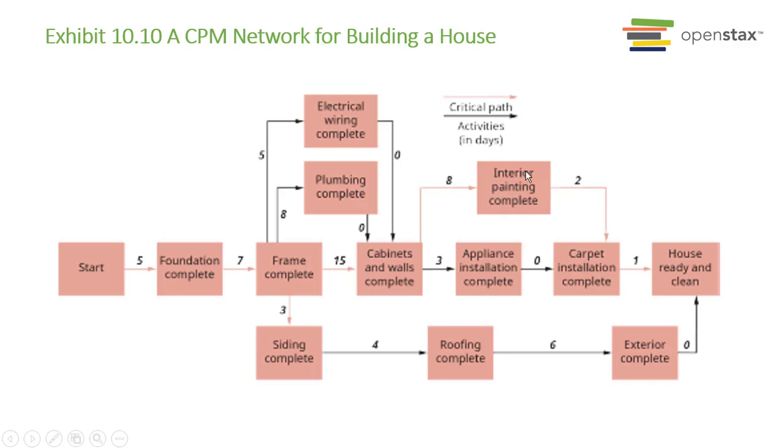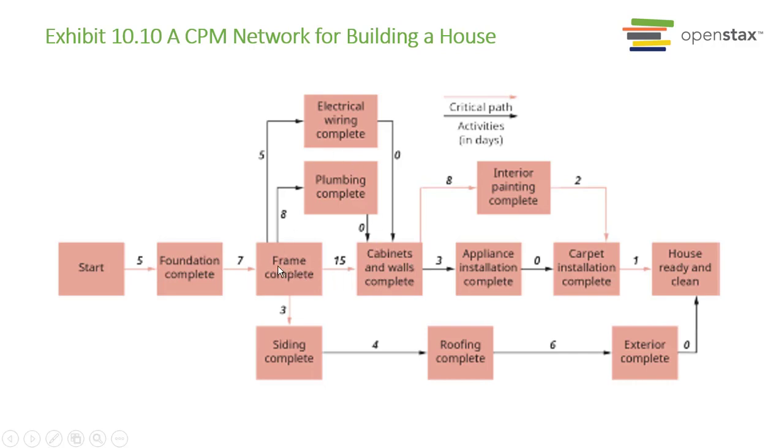CPM for building a house, there's one right there. So you got your critical path over here in pink and your activities in days. So it's kind of letting you know if you follow first the critical path and you go from start to house is ready and clean, and then your activities in days are the things that are going to be required for you to complete your critical path.